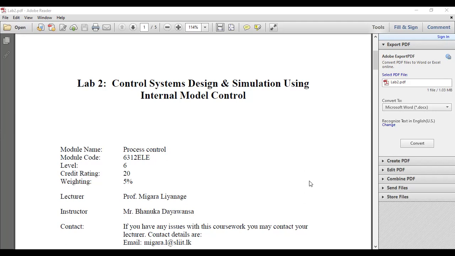So as a revision, let's say you have some disturbance in your control system. How many ways are there which you can use for disturbance rejection, and what are those ways?